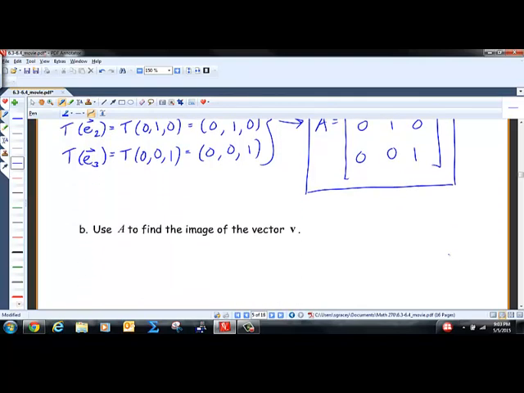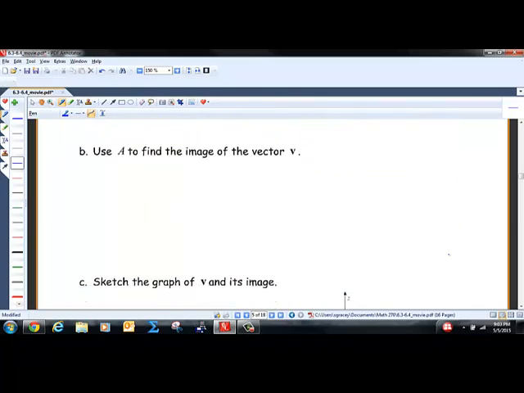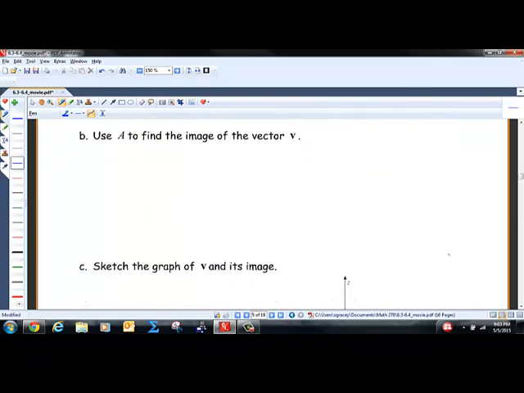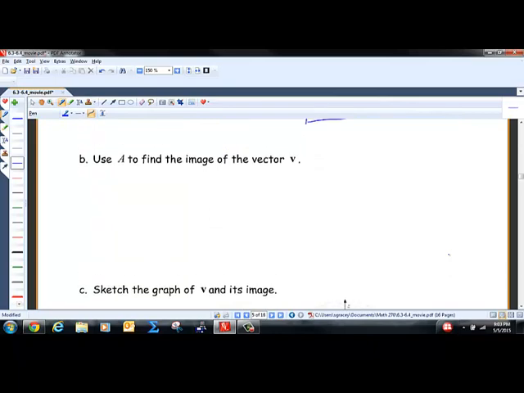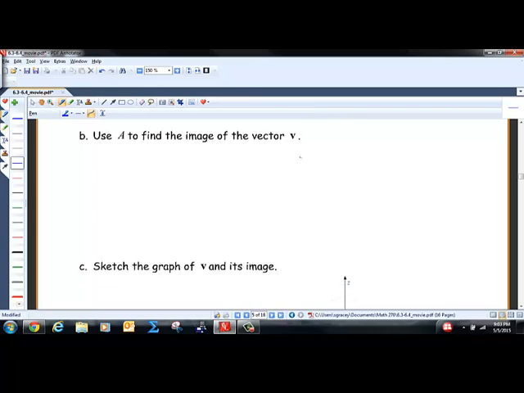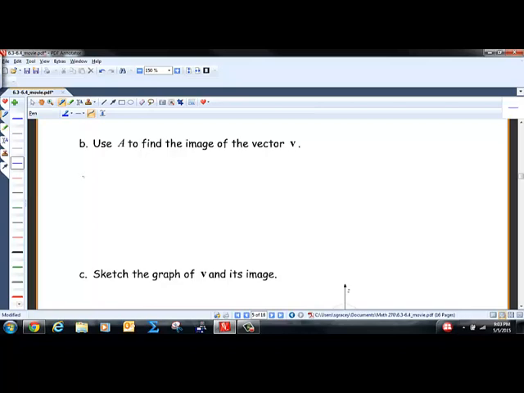Alrighty, so use A to find the image of the vector v. So remember, we want the image of the vector v under the linear transformation. So how do we find that? Perfect. We need to do A times v.